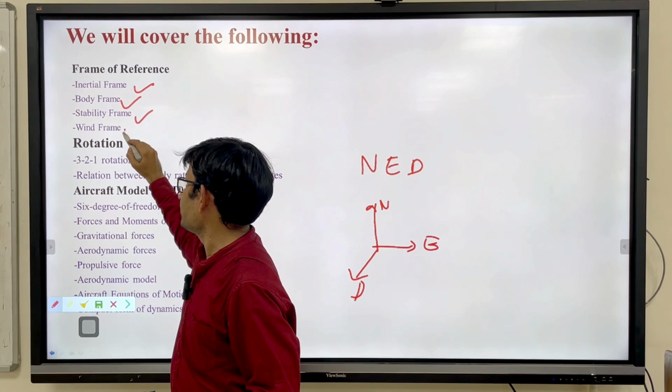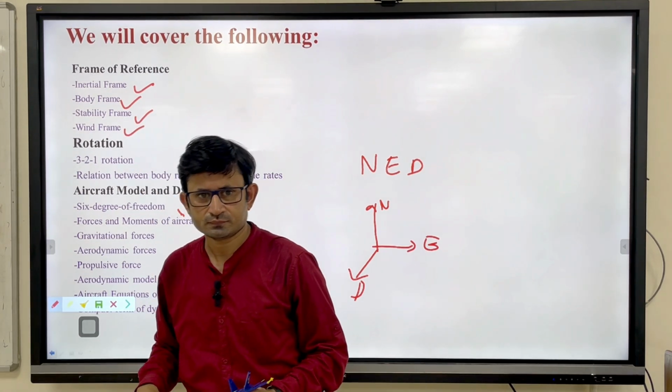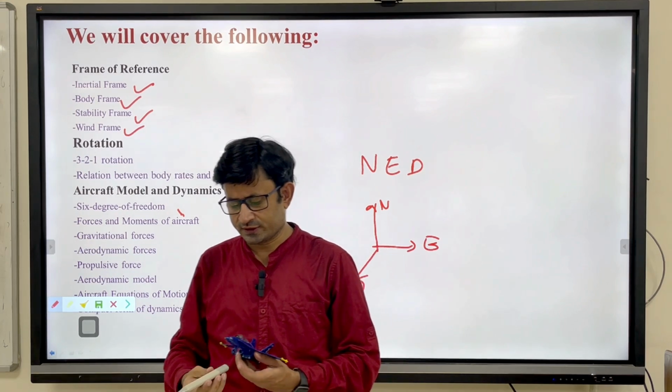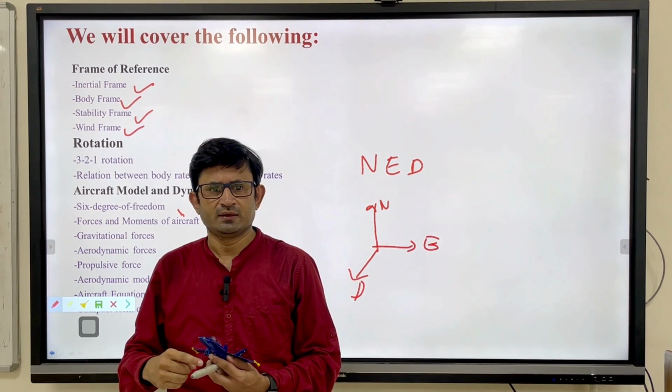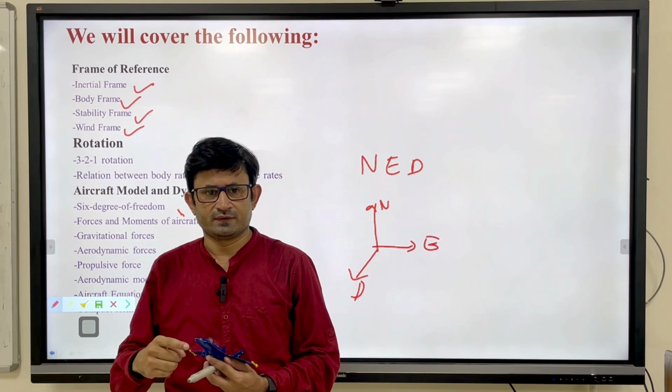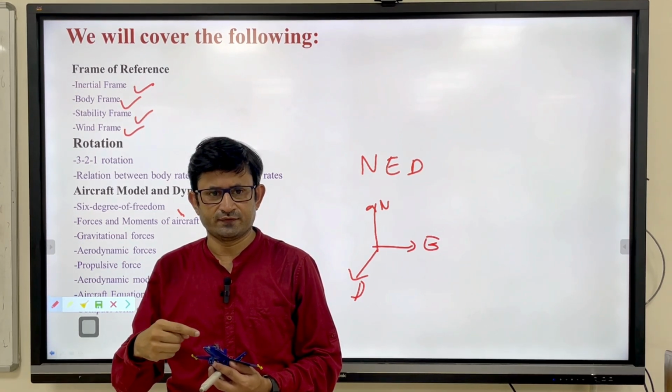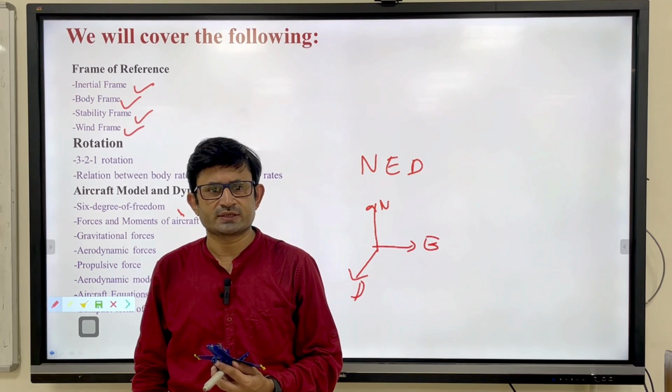The next two frames are the stability frame and the wind frame. We know that when the velocity vector makes an angle alpha with the fuselage reference line for a complete aircraft, that is known as the angle of attack.